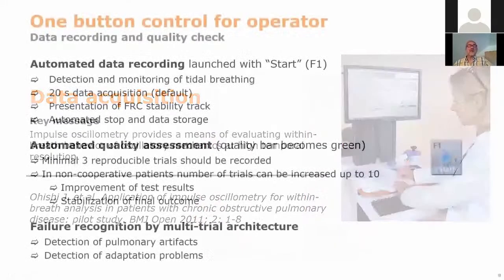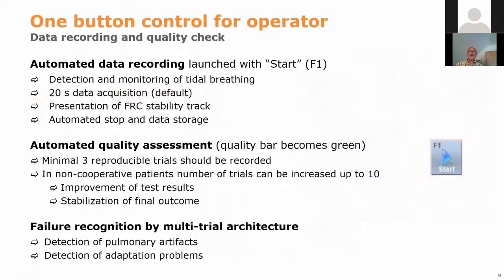So now the way of data acquisition, and this is absolutely new worldwide in the system for iOS, that we have an automatism. That means an automated data recording. We only have to press start, and then data are recorded while the patient is breathing. It is an automated quality assessment.